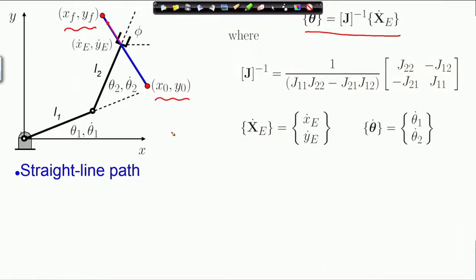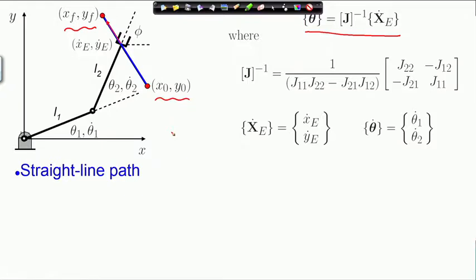Now, every path planning problem can be considered to be a specialization of this problem, because any path can be thought of as straight lines between infinitesimal points. So, if I can find this, then I can generate any path.